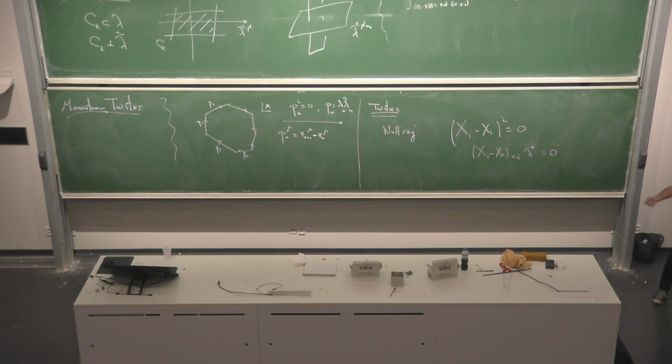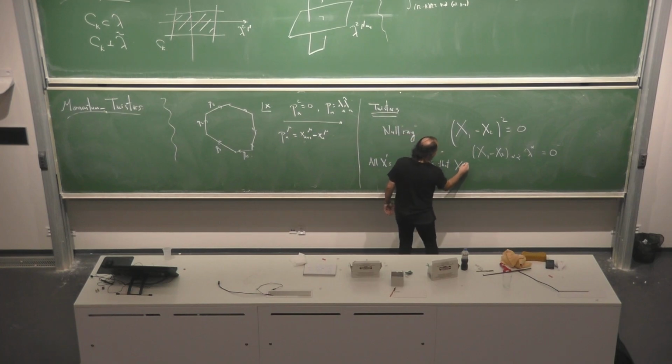And this in turn means that all of the x's on this line, it's a linear equation, so all the x's on this ray satisfy x_{alpha alpha dot} lambda^alpha equals mu_alpha dot for some mu.